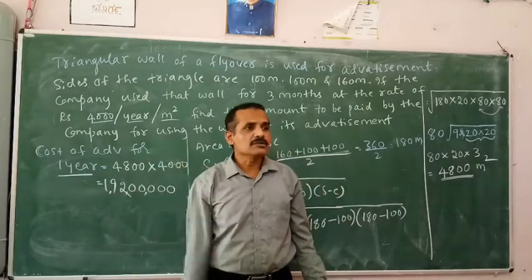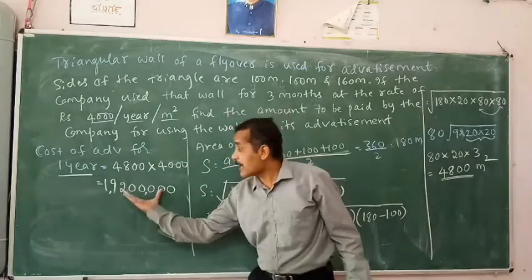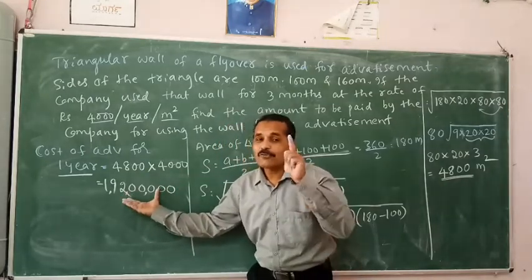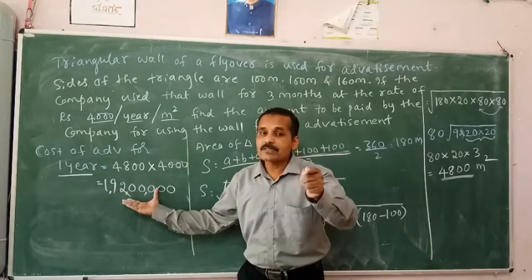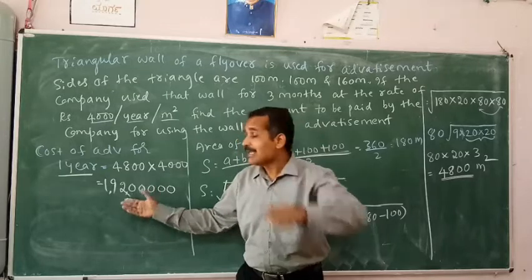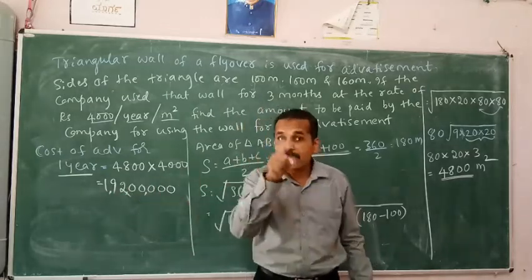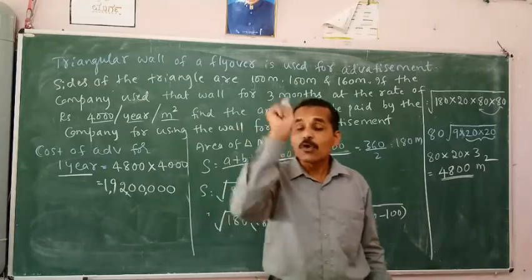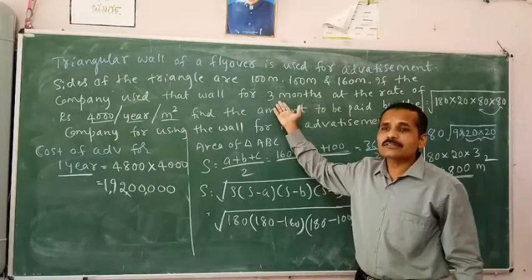The answer is wrong. Keep in mind, it is not divided by 3. This is the amount for the whole year. If the company used that wall for a whole year, they would have paid 1 crore 92 lakhs, provided they are using the wall for the whole year. But they use it for 3 months.